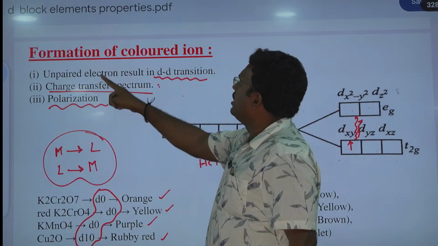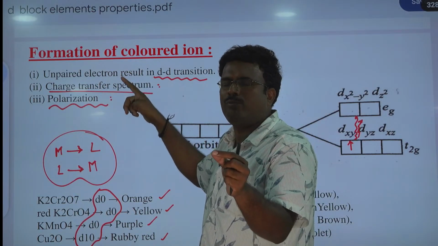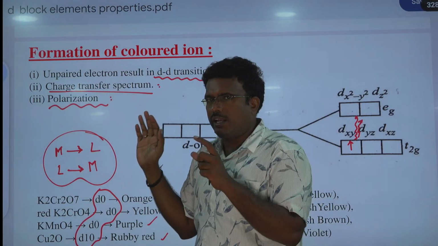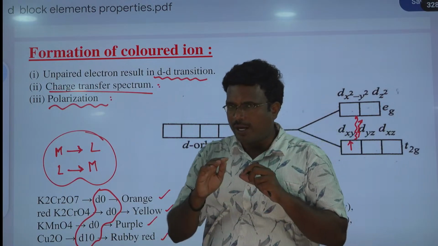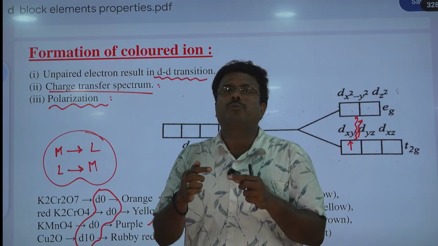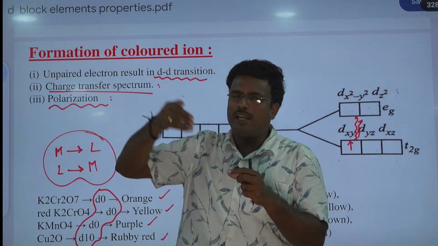Number one, unpaired electrons. Whenever unpaired electrons are present, d transitions are formed. In any common exam, if an ion is given with unpaired electrons, why does it show color? At that time, talk about the electrons: whenever light is incident on this ion, what happens?